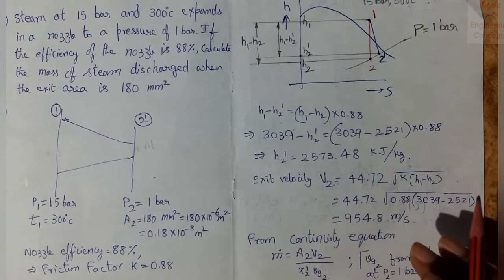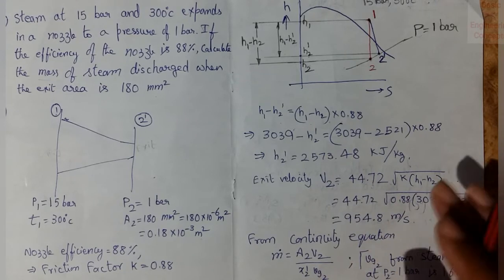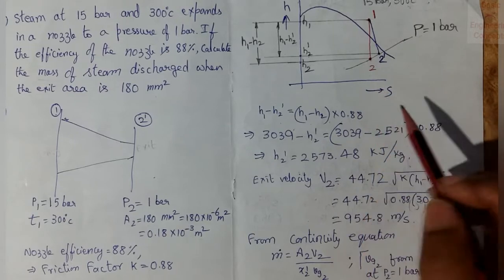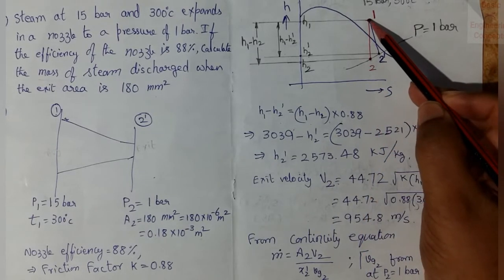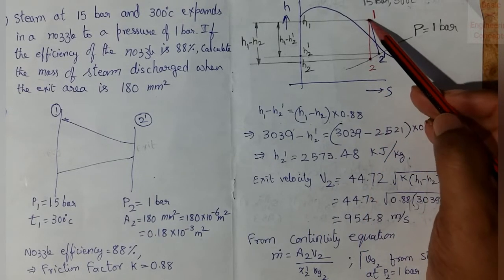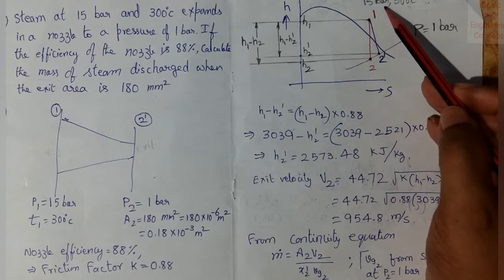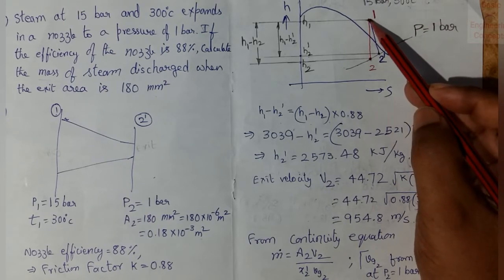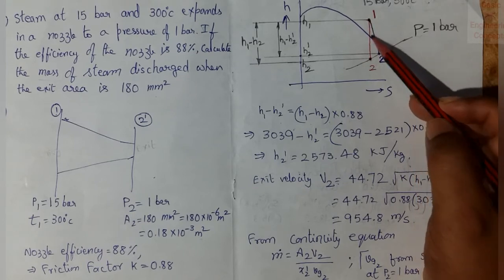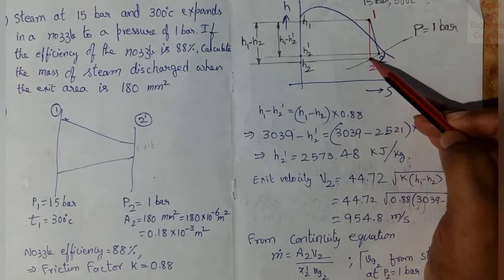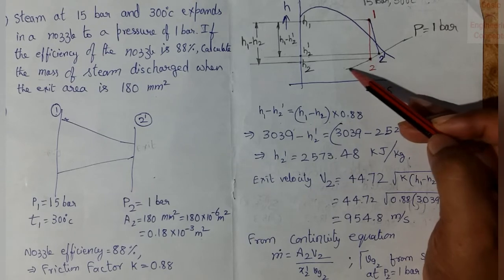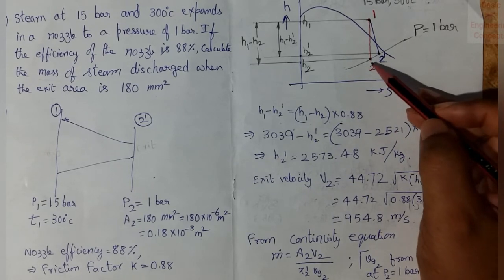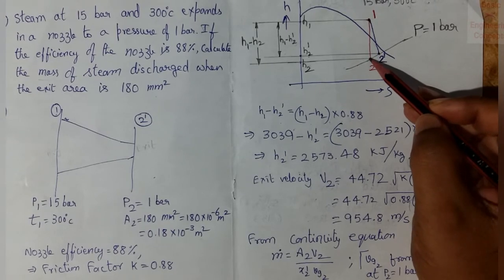The second method is using steam tables. Both of them we'll discuss in this video. So what is the method? First plot the first point using the condition pressure 15 bar and temperature 300 degrees centigrade. After plotting this point, draw a vertical line downward; it meets the pressure P equal to 1 bar line at point 2.